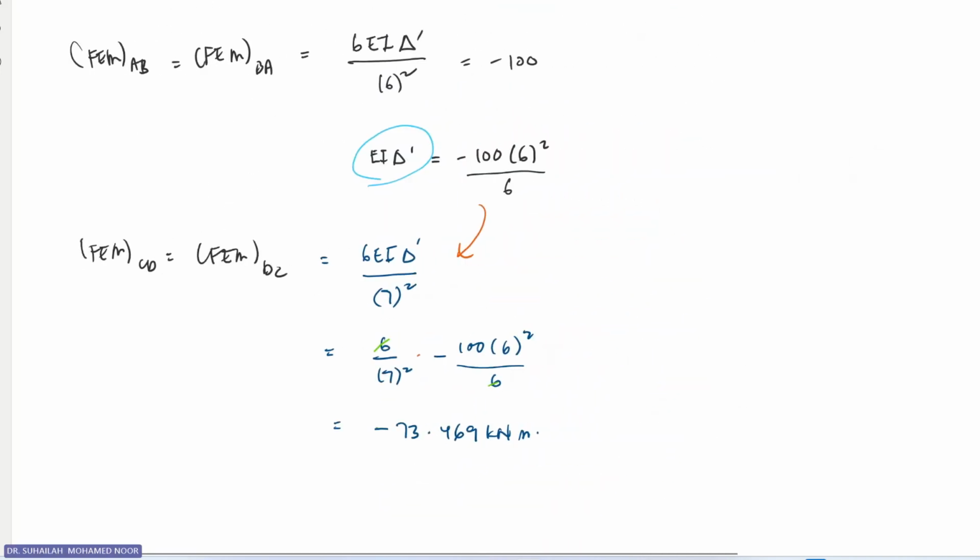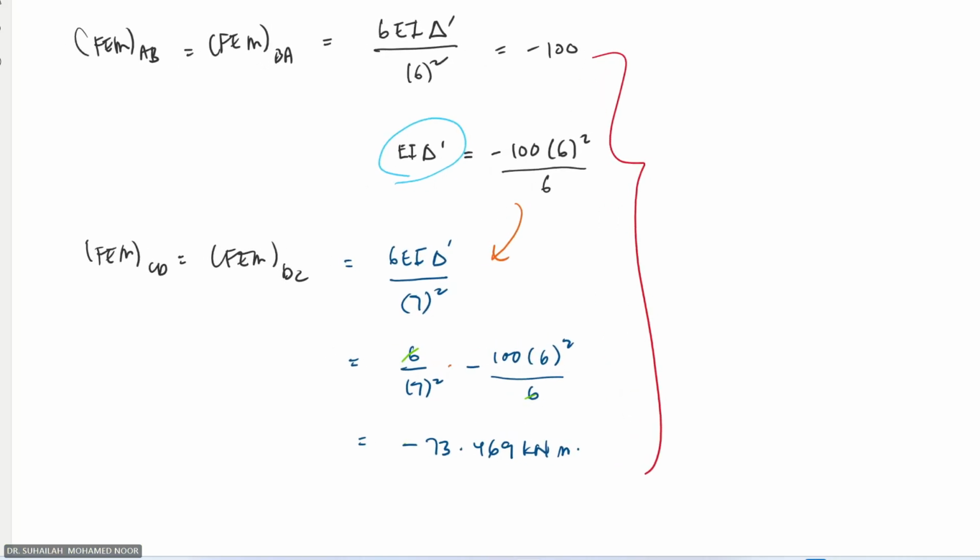This process is actually based on what we call a ratio, because in the formula, it is based on EI, delta prime, and L. These are the factors that can influence the FEM, 6EI delta prime over L squared.